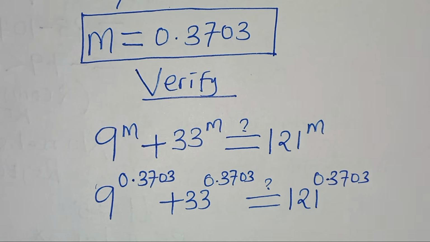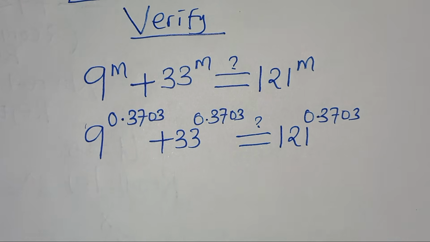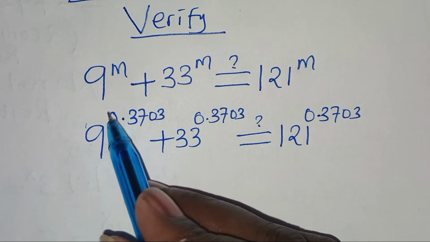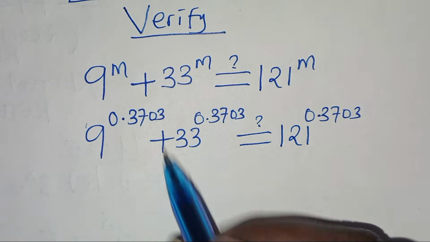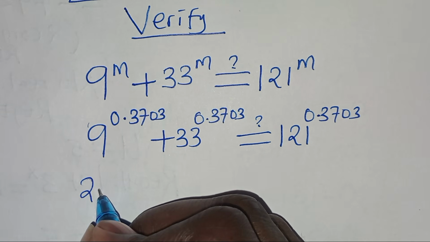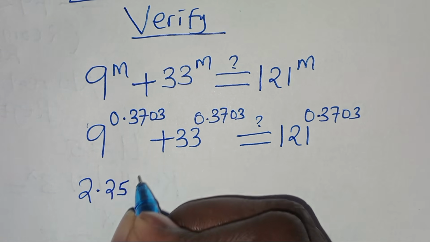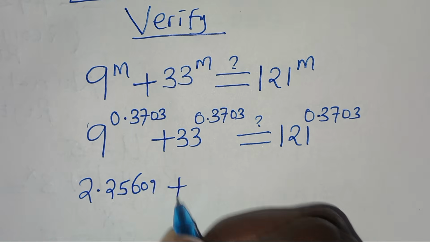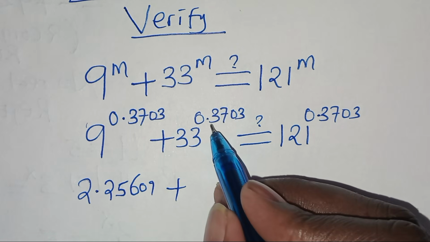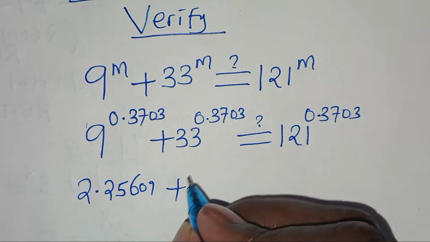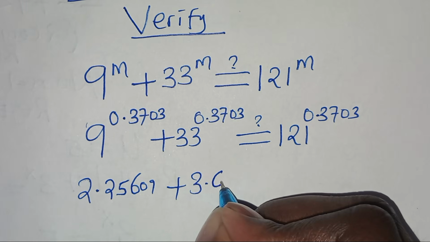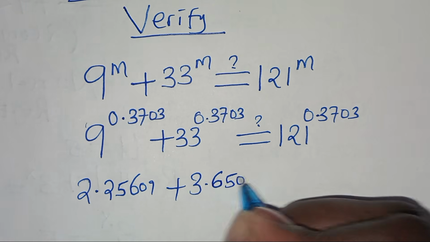Now, we have that 9 raised to the power of 0.3703 is equal to 2.25609. Then plus 33 to the power of 0.3703, this is 3.65011.